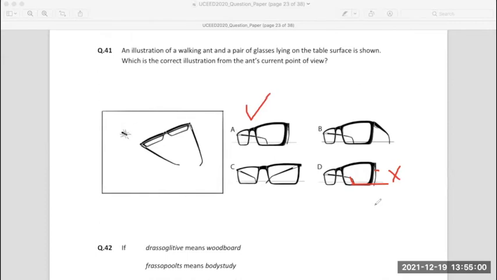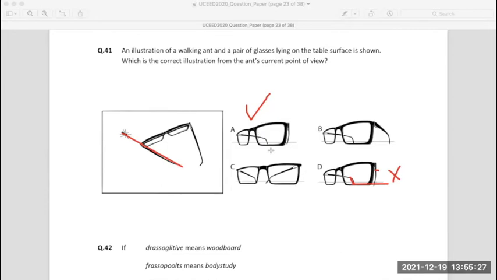We arrived at A and D because the way the ant is walking, if I draw a straight line from that position, it will be almost in alignment with the stick which is there. So the angle of the ant is in alignment with the stick, and that's where you'll see the shortest distance of the stick possible.